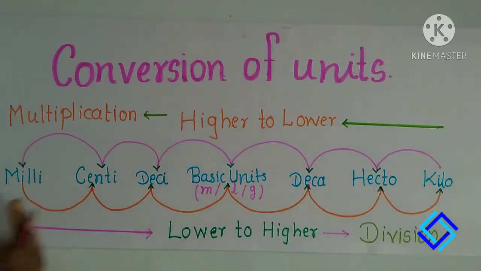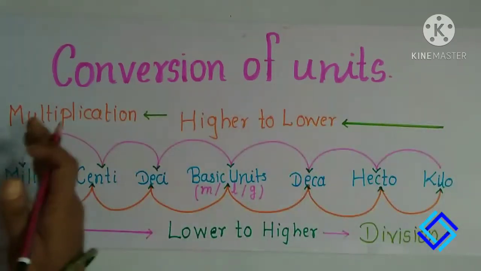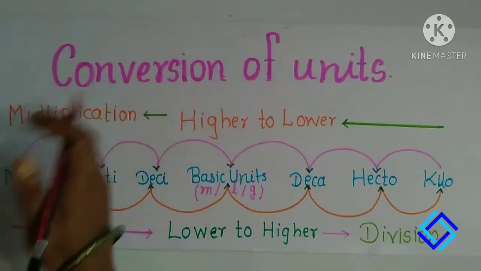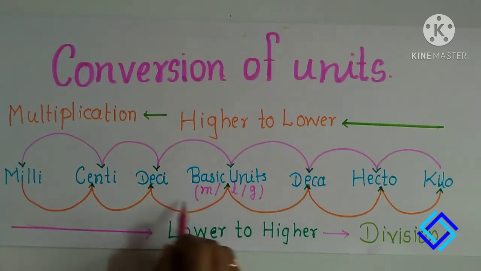Means from milli to kilo, these are lower to higher units, and kilo to milli, these are higher to lower units. When we have to convert from lower unit to higher unit, we have to do division. So by which number we have to divide or multiply, that will decide according to these steps.